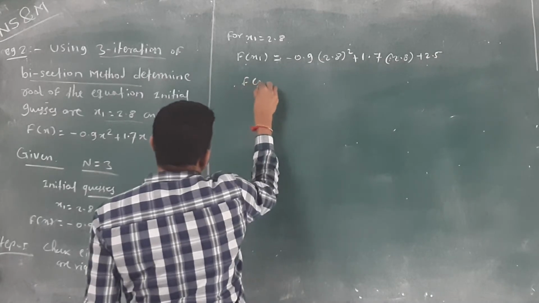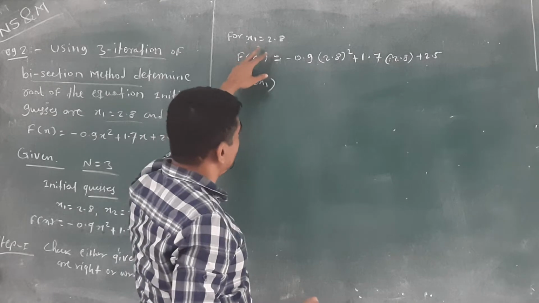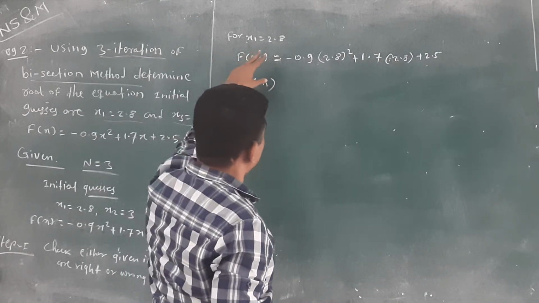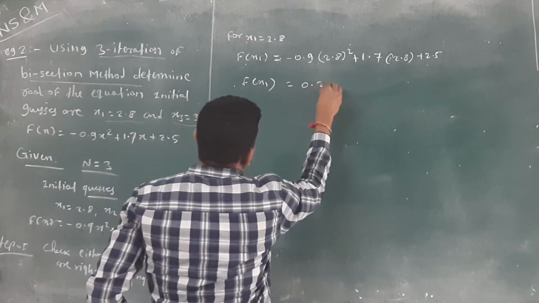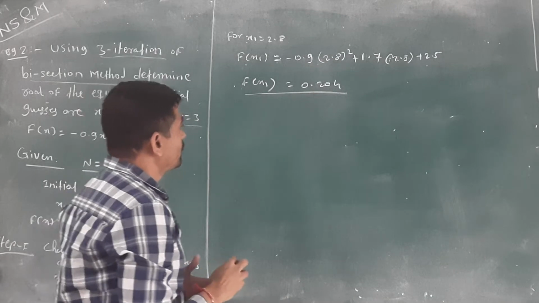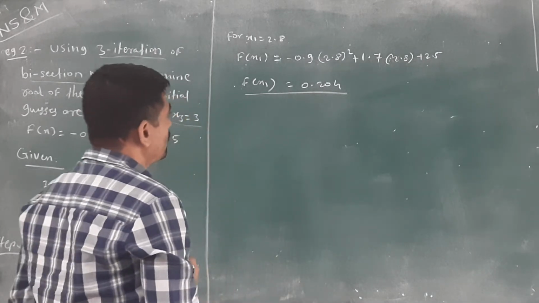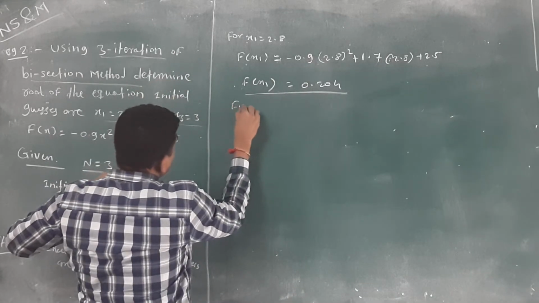If we solve that, putting x equal to 2.8 in the given function, you will get 0.204.